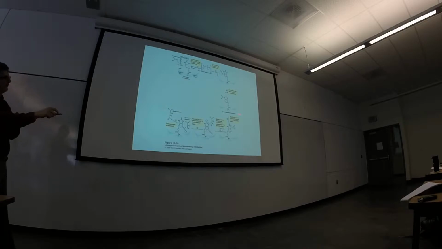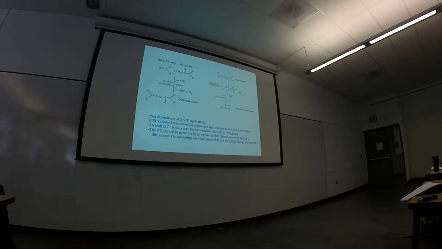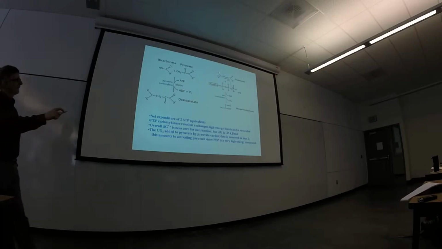Okay? Then you have the movement into the other active site, and then you have the transfer of the carboxy group to pyruvate. That eats up 2 ATPs for glucose, or 2 ATPs if you think of one molecule going back through the pathway.